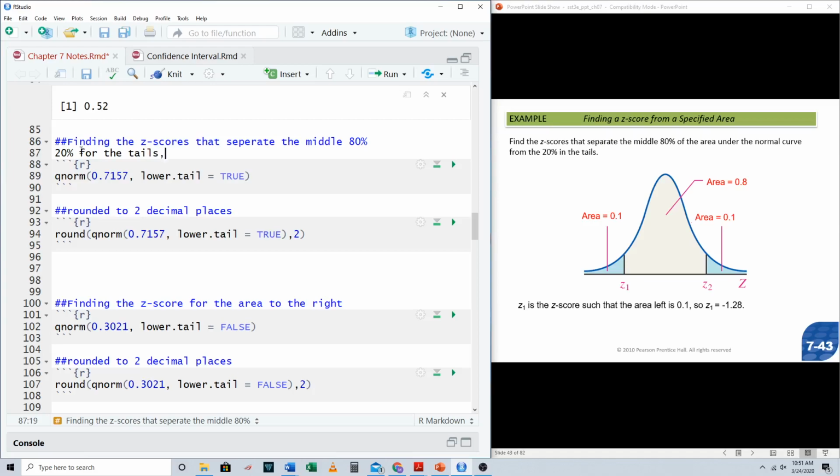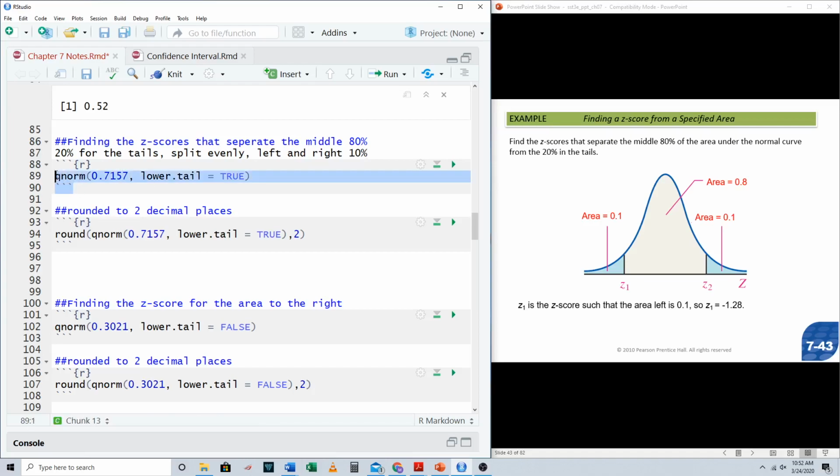Okay, split evenly. So we need the left and right 10%. Okay, so I'm just going to put 0.1 here.